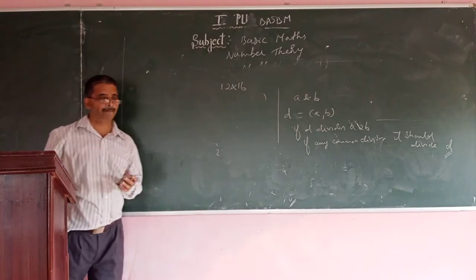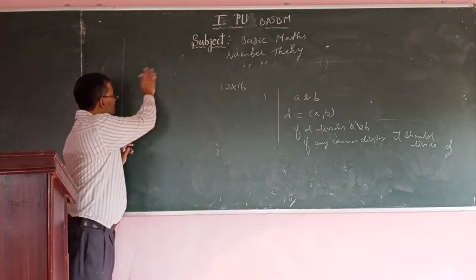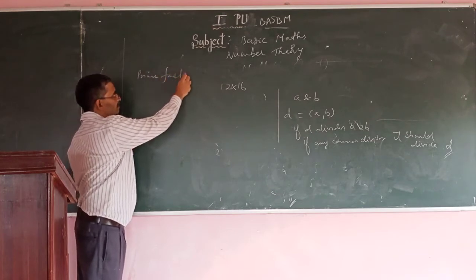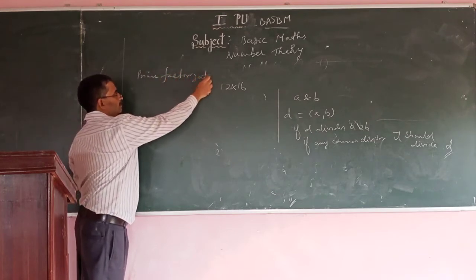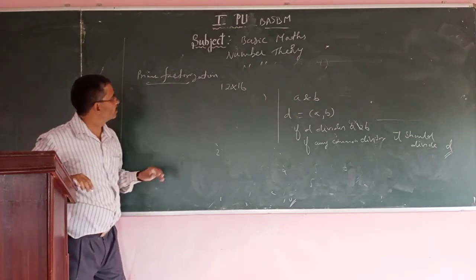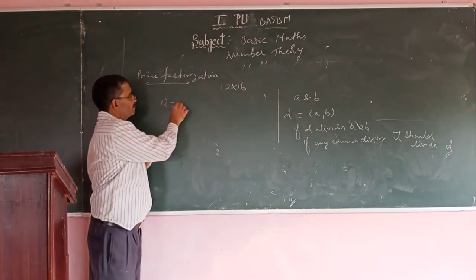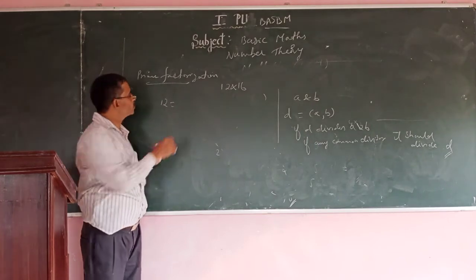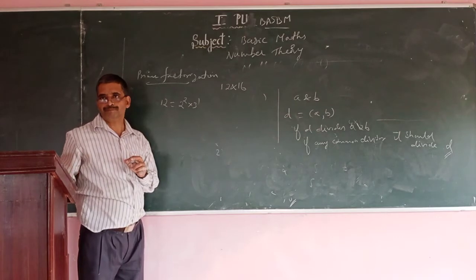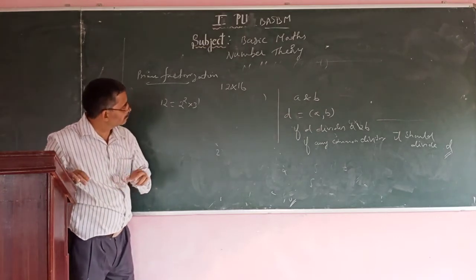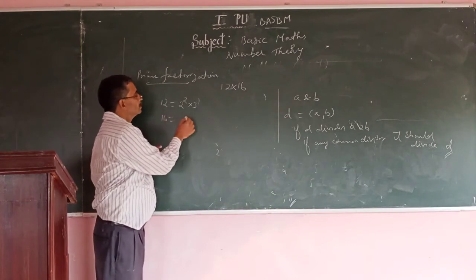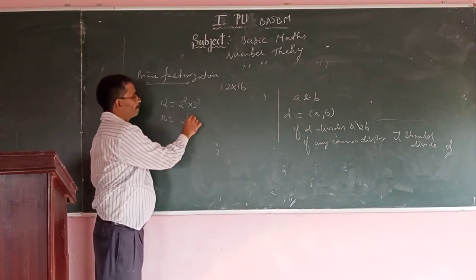First method, prime factorization. 12 you write as 4 into 3, so 2 square into 3 to the power 1. Next, 16 is 2 to the power 4.